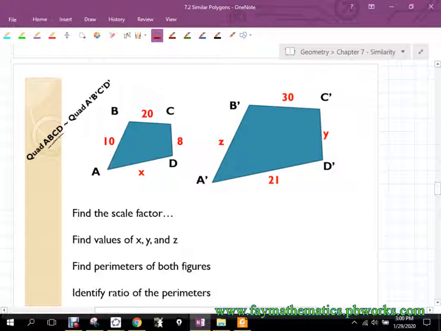So here's what I like to argue. If I know this is quadrilateral ABCD, similar to quadrilateral A prime B prime C prime D prime, then automatically, because they're similar, this should be true.